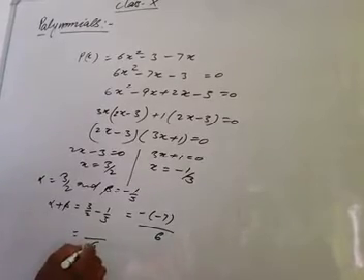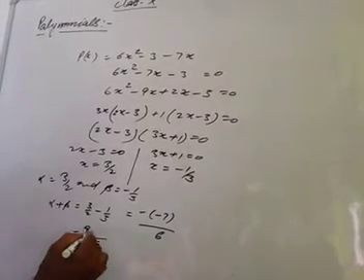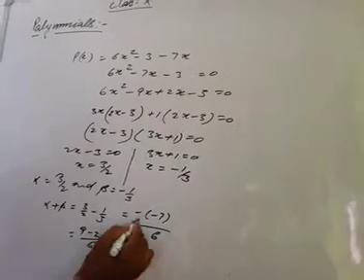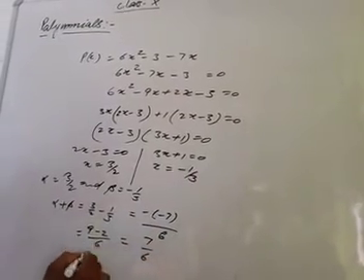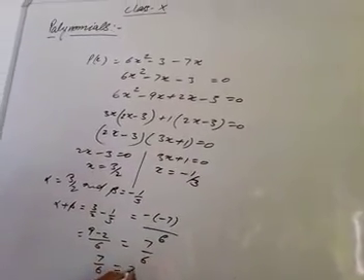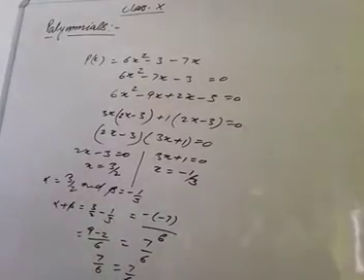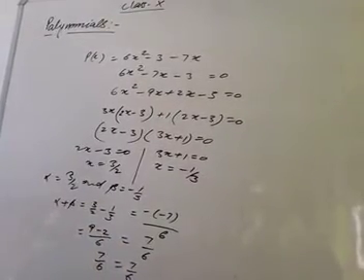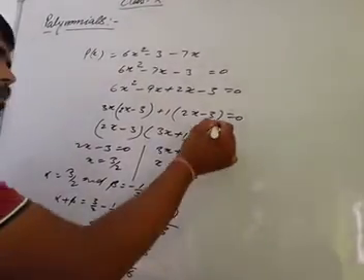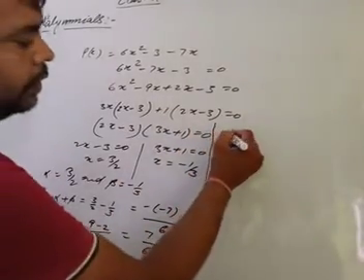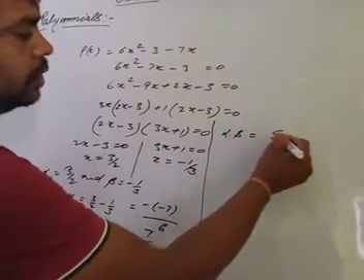Taking 6 as the LCM, this will be 9 minus 2 upon 6, which is 7 upon 6, and here 7 upon 6. 7 upon 6 is equal to 7 upon 6. So this is the verification of the sum of zeros. Also the product of zeros, alpha into beta, will be c upon a.